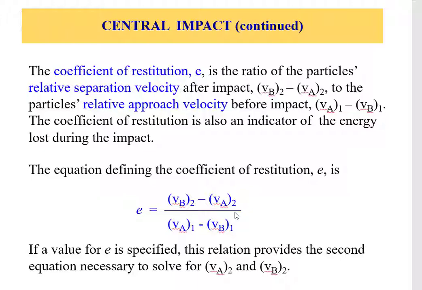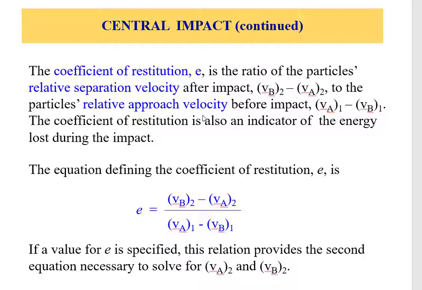Let's say we have a central impact, again, where the velocities are along the line of impact. Then the definition becomes easy to obtain, which is E equal to the relative separation velocity divided by the relative approach velocity of these two bodies.